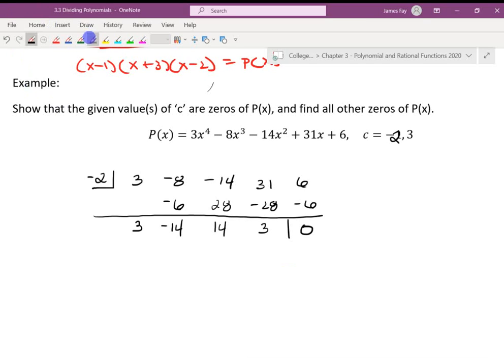So does that show that -2 is a 0? Okay, so that is the visual, the algebraic work to demonstrate that x plus 2 is a factor of the original P of X. X plus 2 divides that original polynomial, okay?